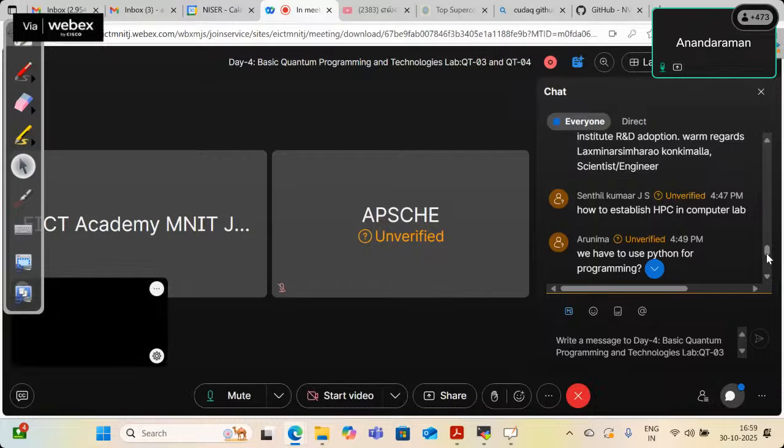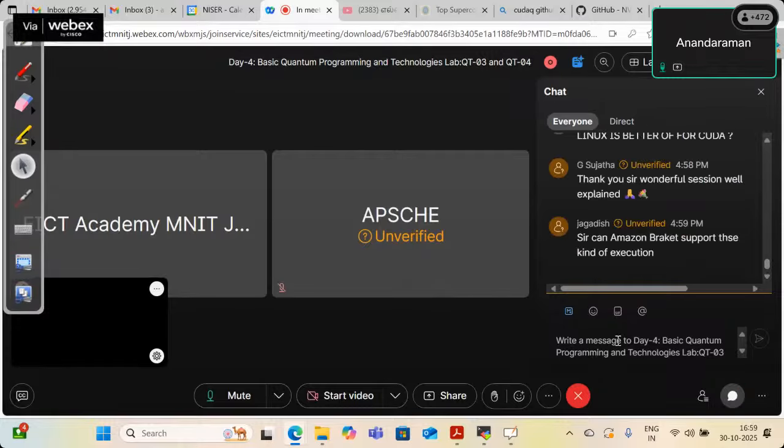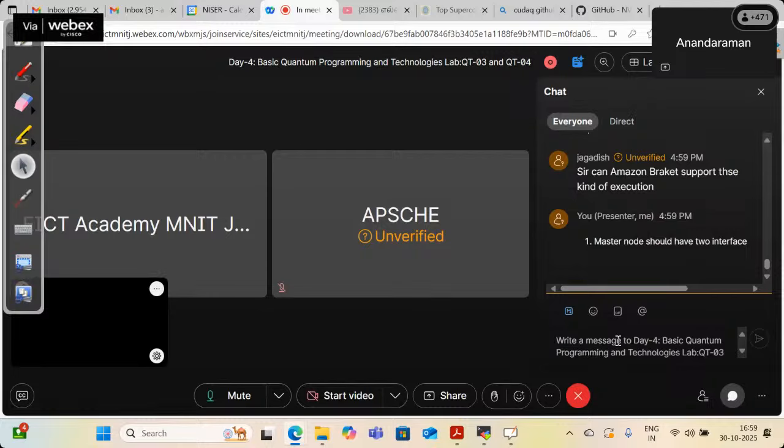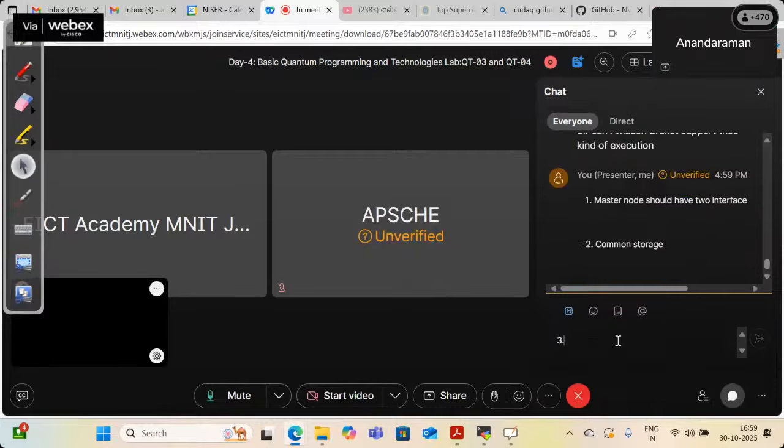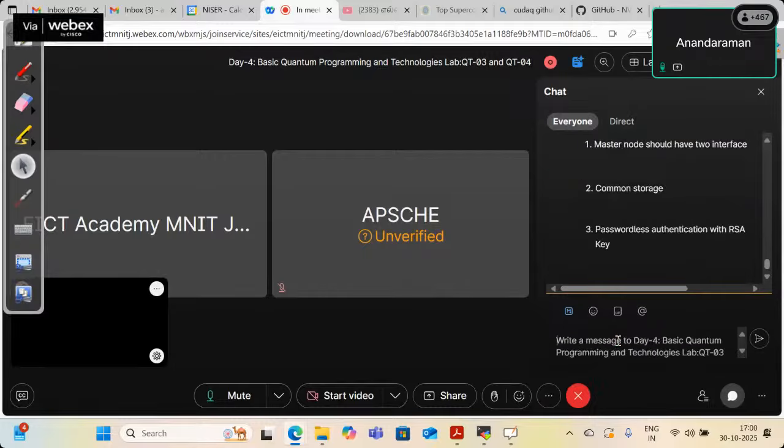Okay, I'm just writing. Master node should have two interfaces, common storage, third is passwordless authentication with RSA key, public key, private key.